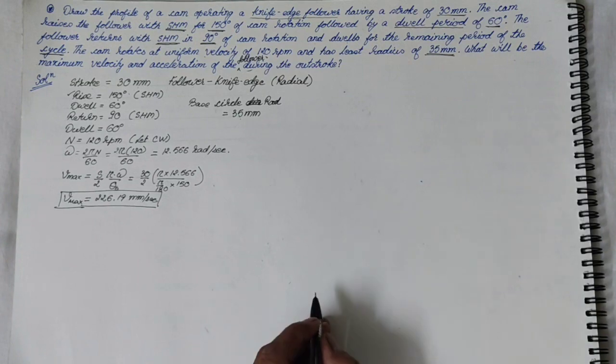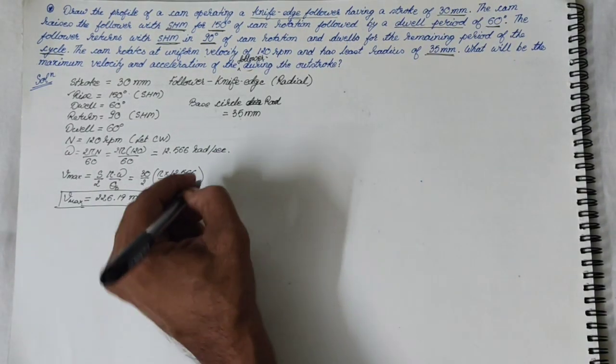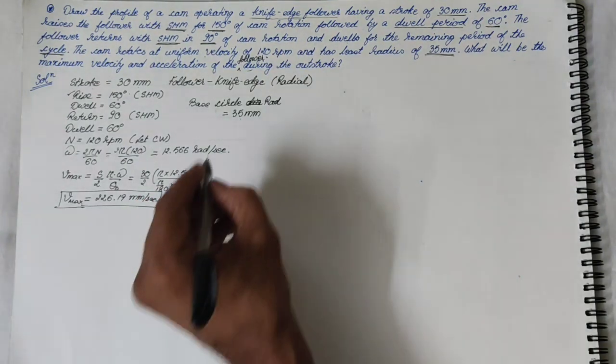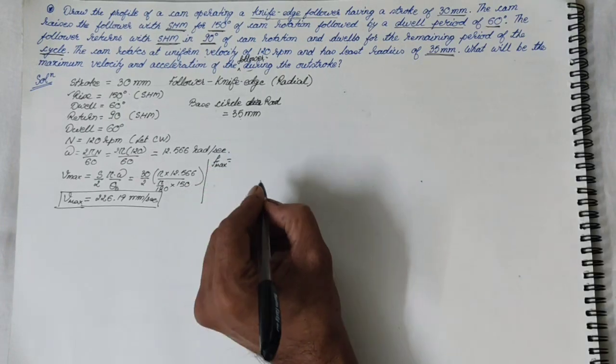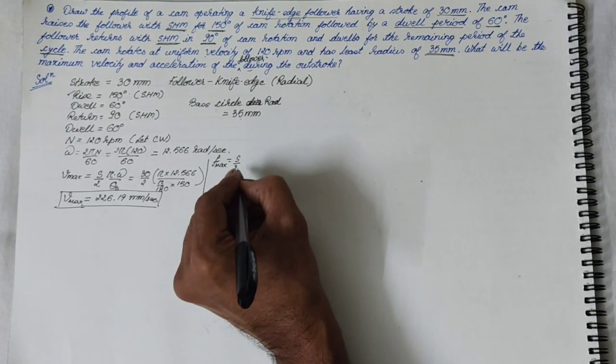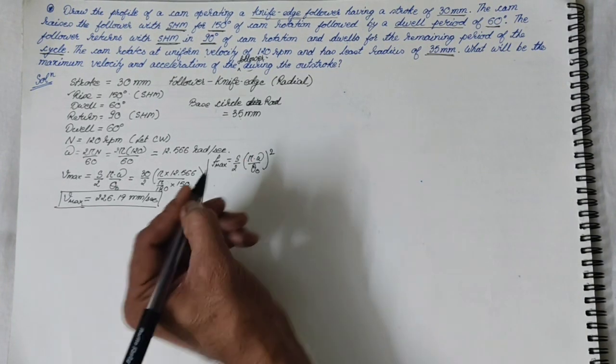And maximum acceleration is given as S by 2 pi omega, again for outstroke, square.